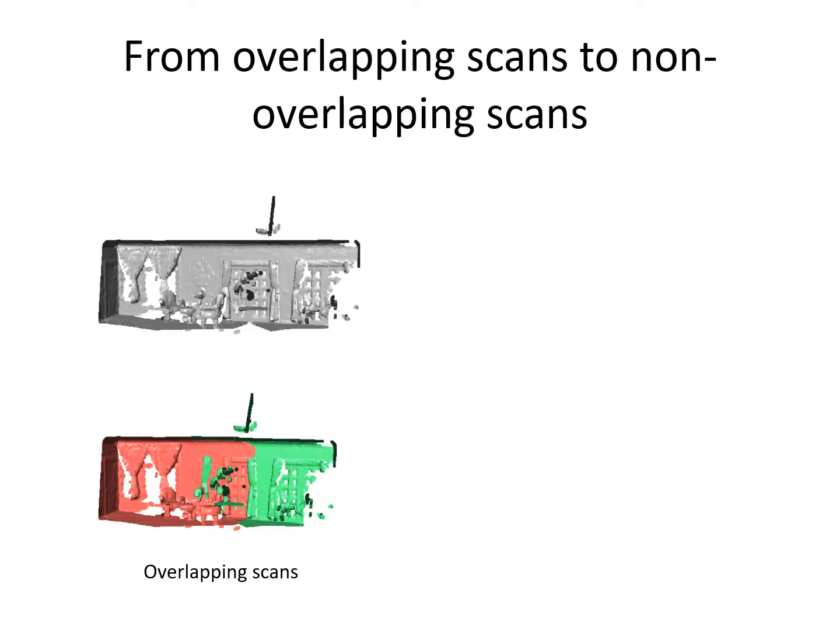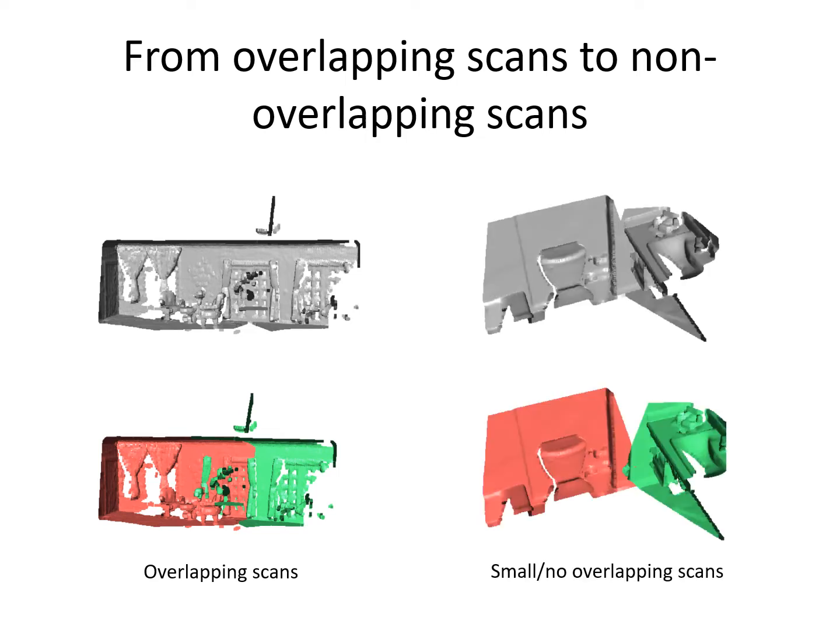Nevertheless, most existing works only consider the setting where the two input scans significantly overlap with each other, so that we can extract shared features to match. They are not applicable to the setting where the input scans have small overlaps, as shown here, or do not overlap with each other.